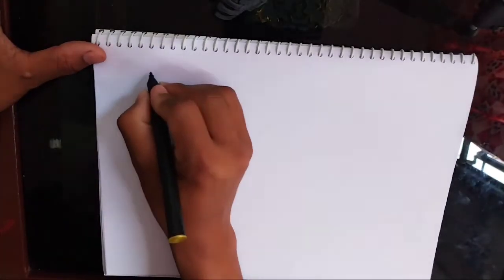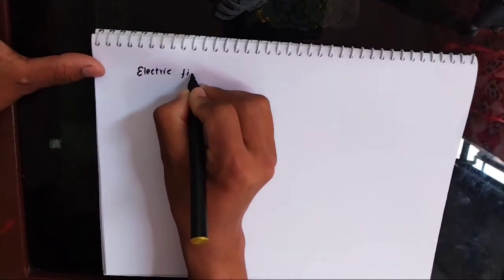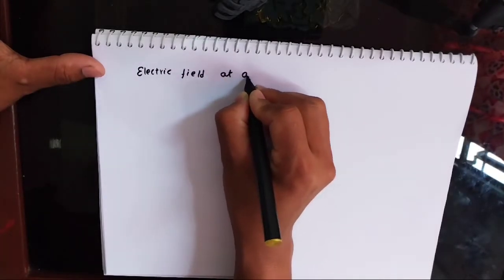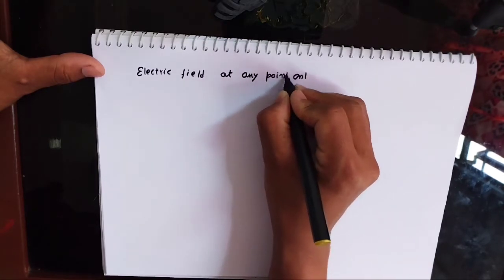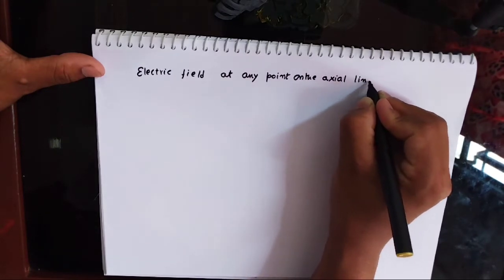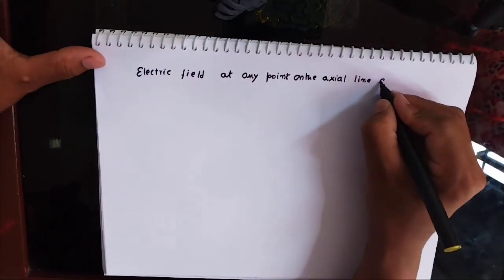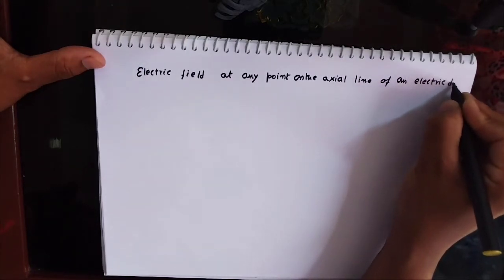Now, having an idea of electric field due to a point charge, we will calculate the electric field at any point on the axial line of an electric dipole.